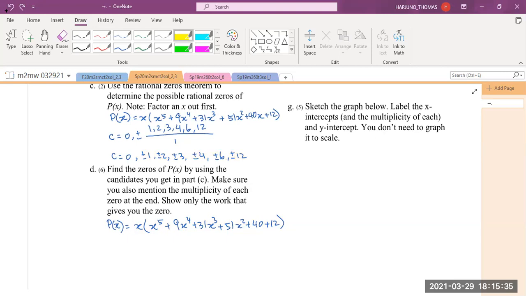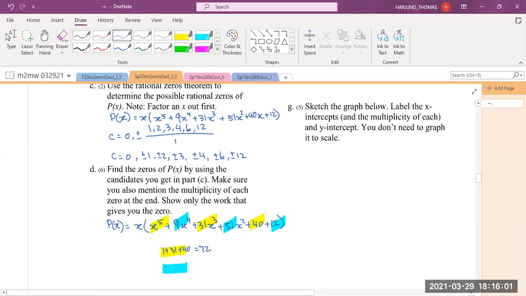But which negative zero should I try? Let me check this one thing first. When I add the coefficients of alternating terms, are they equal? The one in yellow, that will be 1 plus 31 plus 40, that's 72. The one in blue, that's 9 plus 51 plus 12.